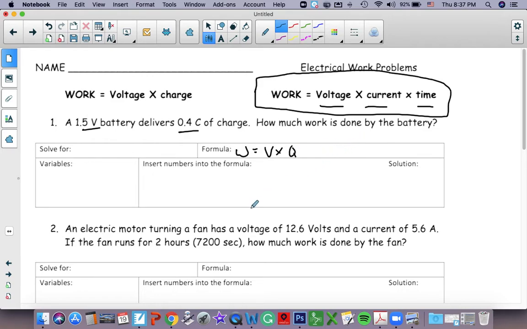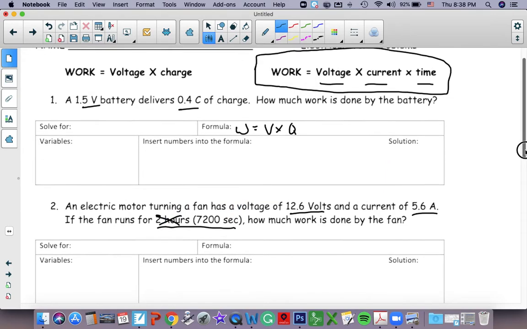If we look at this one down here, we have a voltage of 12.6 volts, current of 5.6 amps, and then we got some time. When we are looking at time, amps are coulombs per second, so we want to use seconds. We don't want hours, or if you see hours and minutes, usually they're going to be converted to seconds.